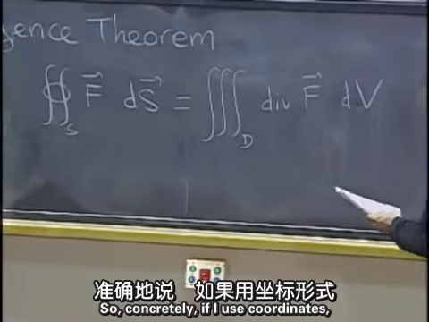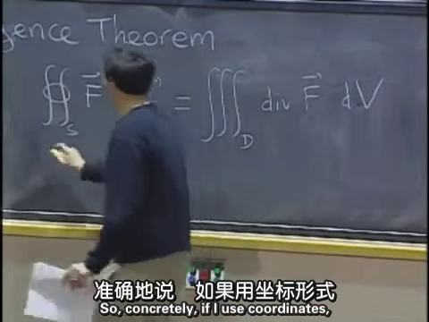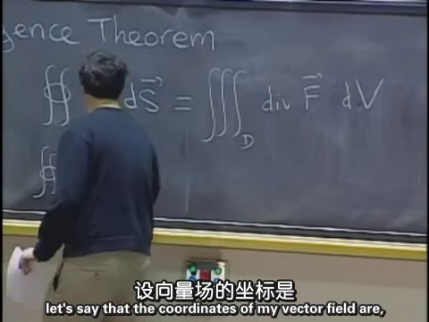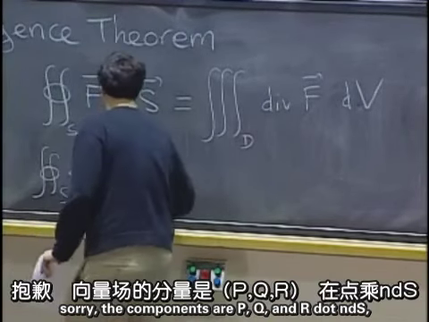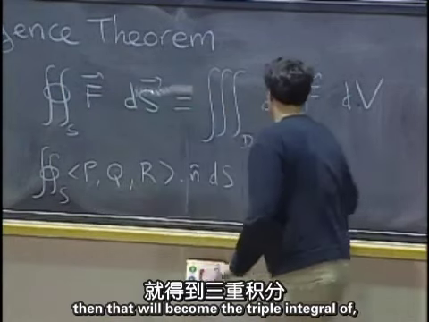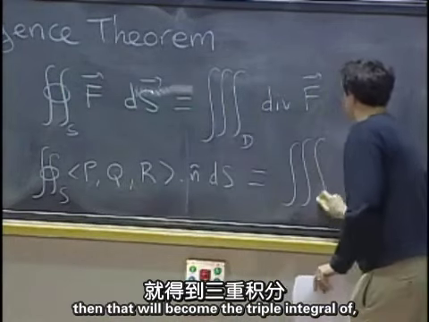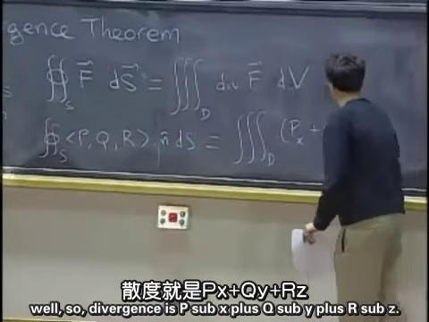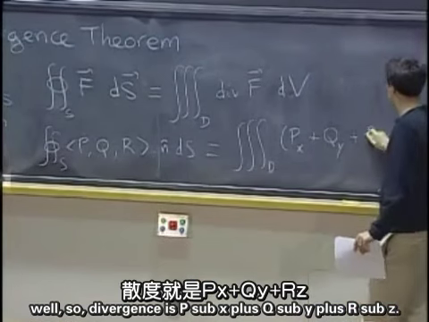Okay? So concretely, if I use coordinates, let's say the components of my vector field are p, q, and r, dot n ds, then that will become the triple integral of, well, divergence is p sub x plus q sub y plus r sub z.